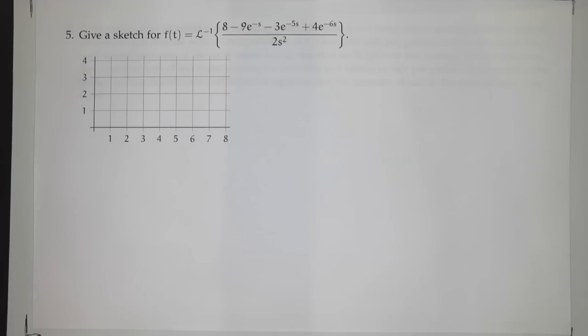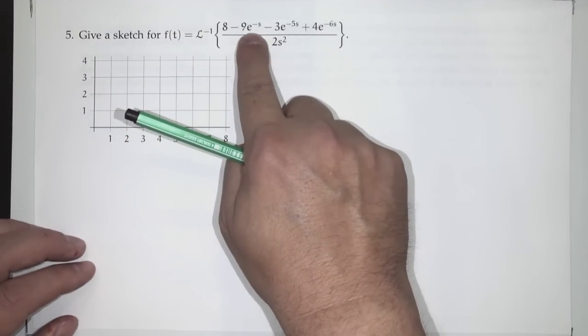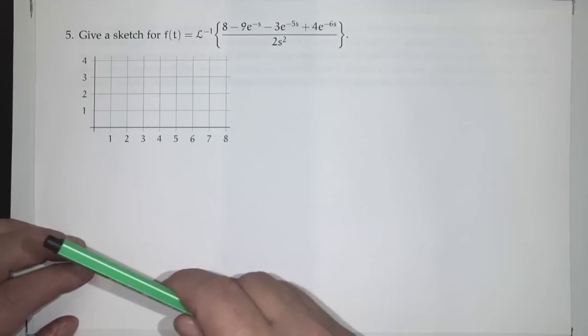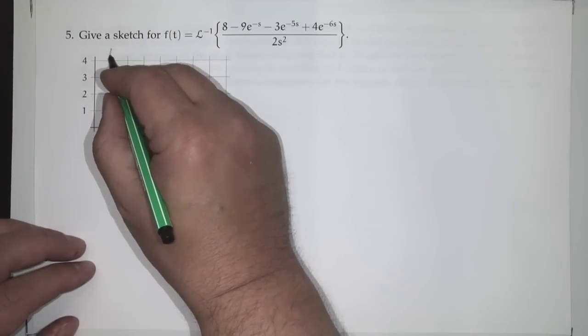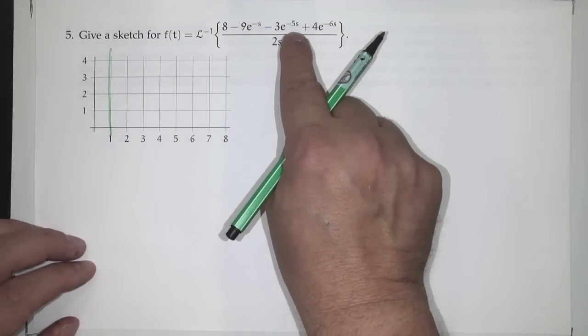Do we know where we're going to be changing? e to the minus s would correspond with the change of behavior at what point? 1. So there's going to be some behavior before 1, some behavior after 1. Where's our next change going to occur?